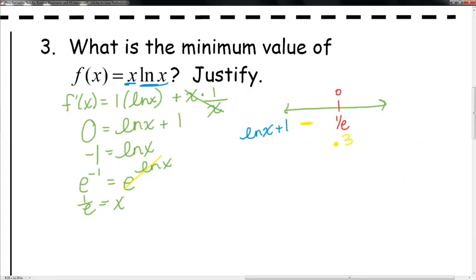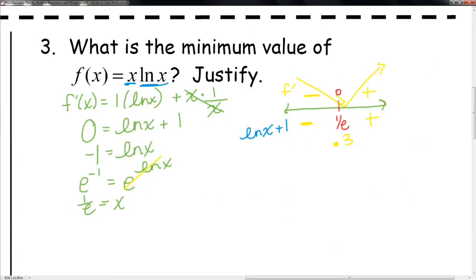And so a value greater than 1 over e, 0.3 something, let's say 1, that's easier. Ln of 1 is 0. 0 plus 1 is a positive number, so my f prime is negative then positive, so it's decreasing then increasing.